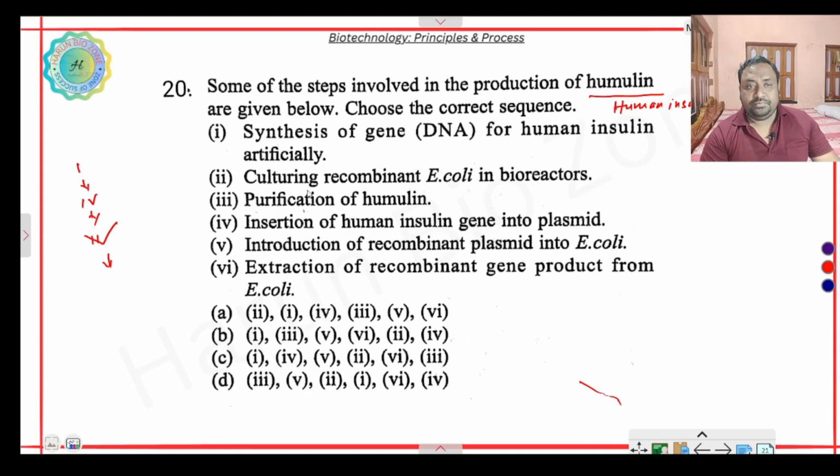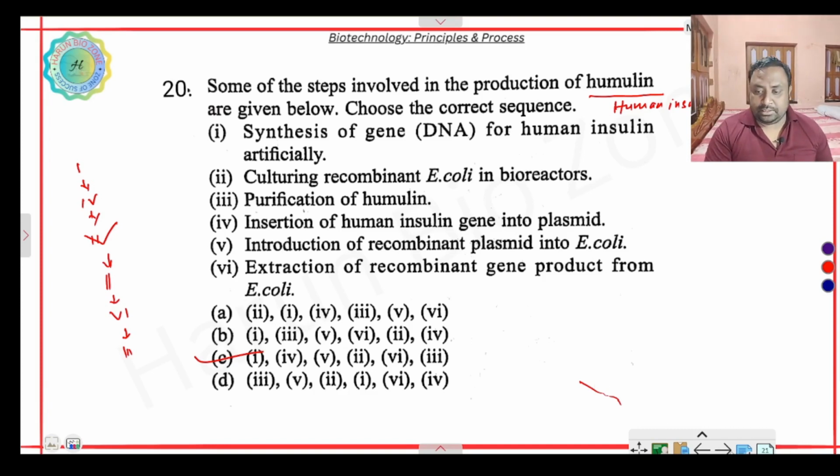After 5, culturing recombinant E. coli in a bioreactor, 2. Then extraction of the recombinant gene product from the E. coli, 6. And then purification of humulin, 3. C is the correct option.